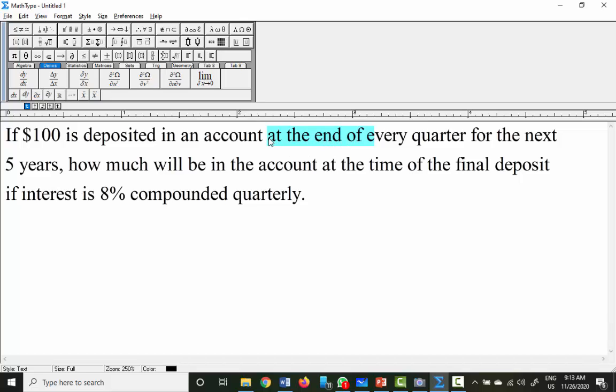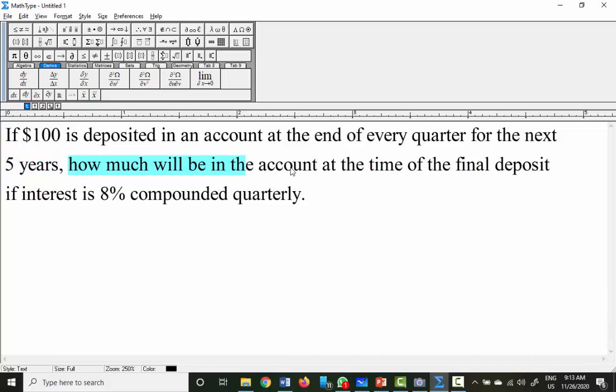At the end of the first quarter you will pay $100, at the end of the second quarter you will pay $100, and in that way in 1 year you pay 4 installments. In 5 years we have a total of 20 quarters, so you need to pay 20 installments of $100 each.